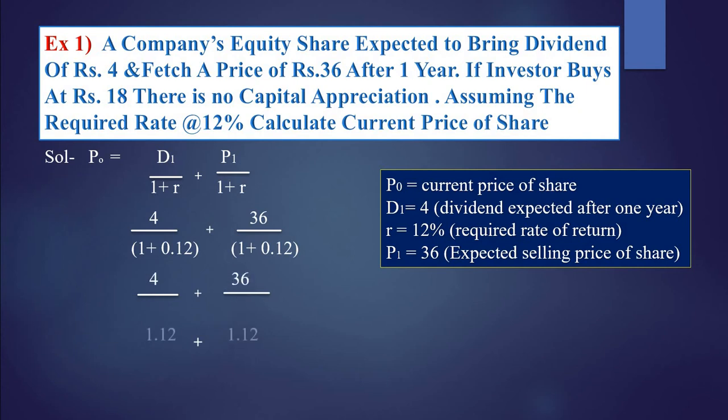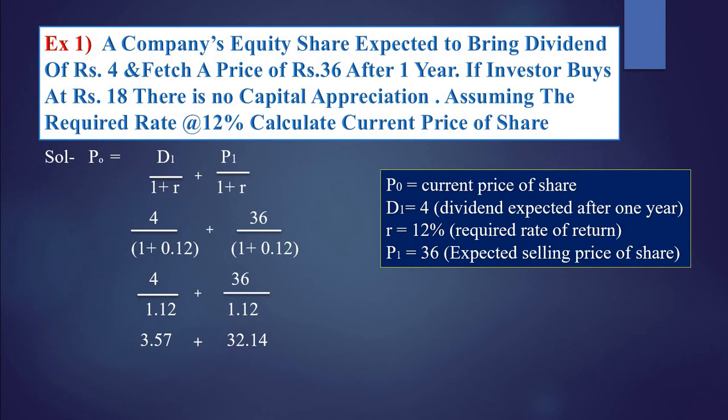So 4 divided by 1 plus 0.12, that is 1.12, plus 36 divided by 1.12. If we divide 4 by 1.12, we get the value 3.57, and if we divide 36 by 1.12, we get the value 32.14.